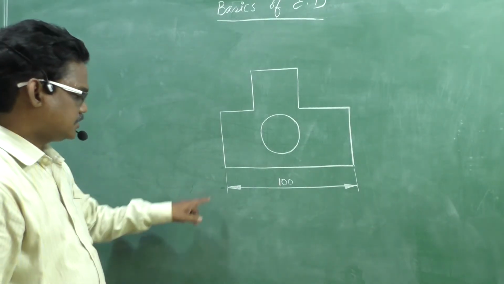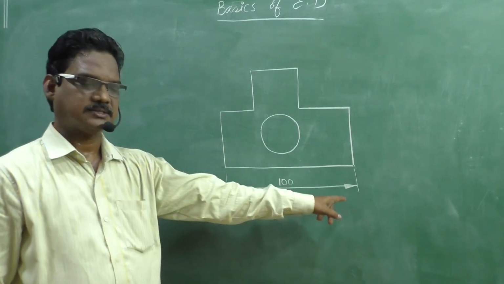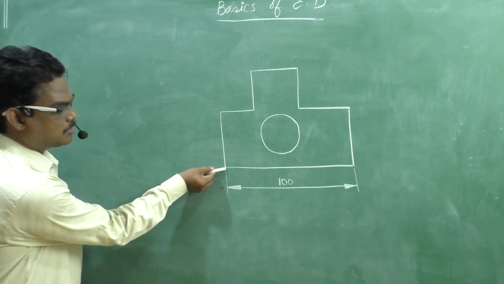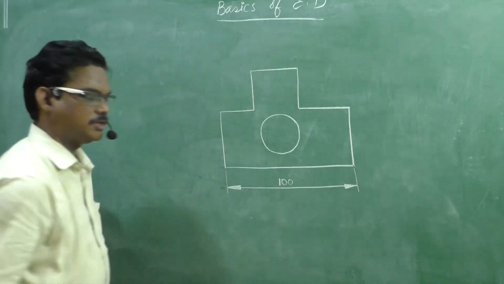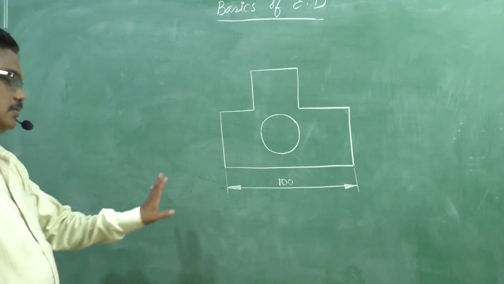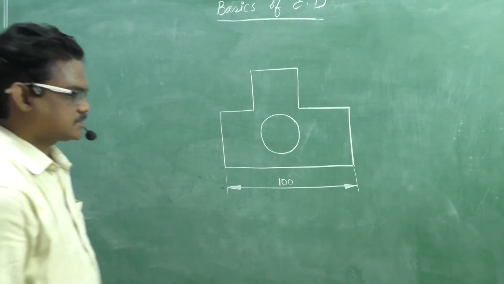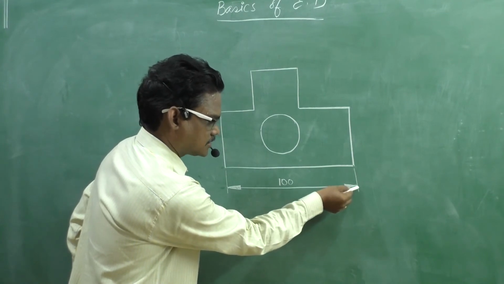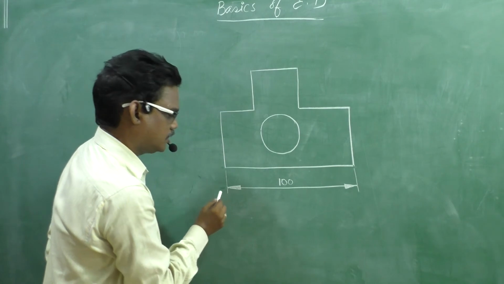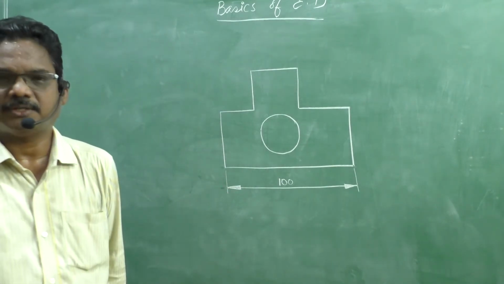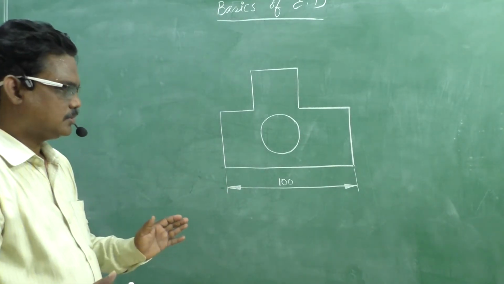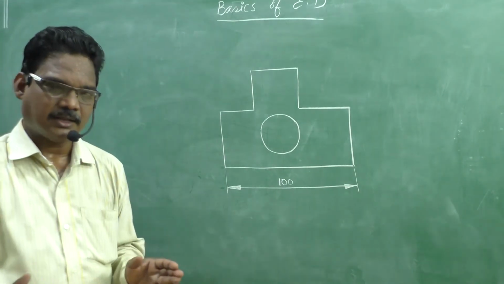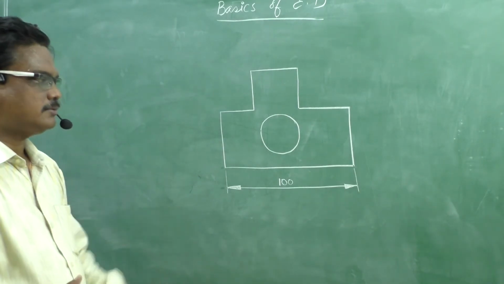And these are the extension lines. For the extension lines also, we need to leave at least 2 mm gap at this portion. Then only it will be good. And the extension lines must extend at least 4 mm beyond the dimension line. Then only it seems good, as well as it gives clarity about the dimensioning of the respective object.